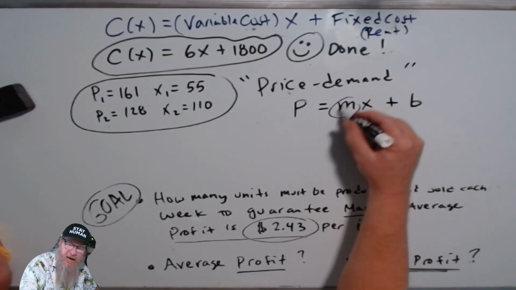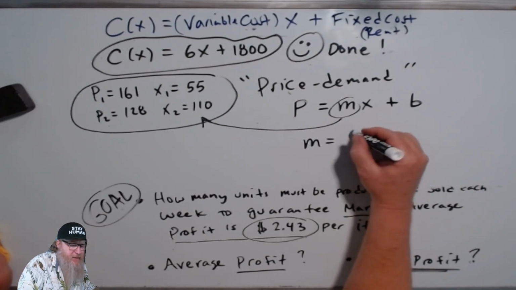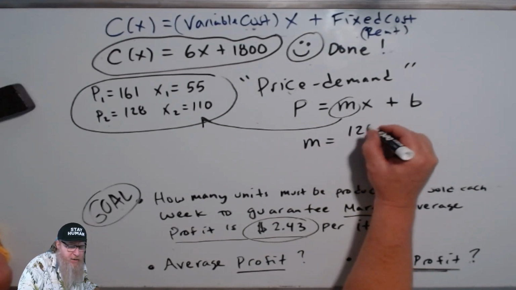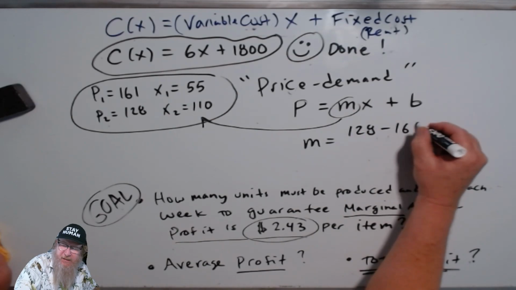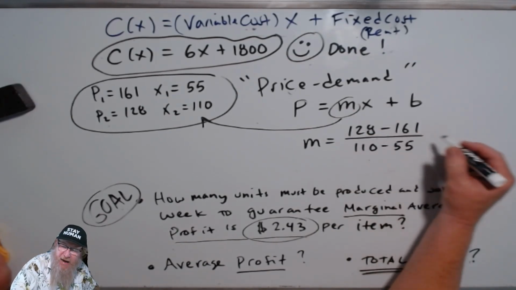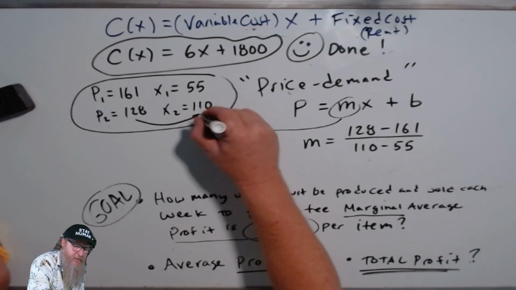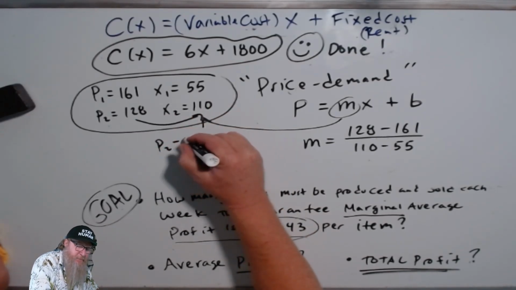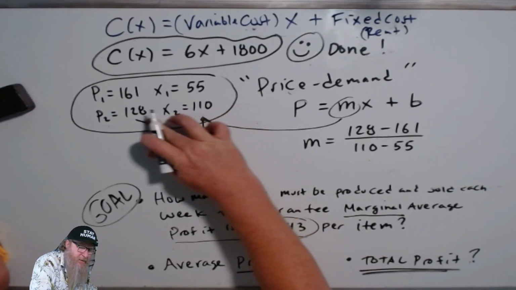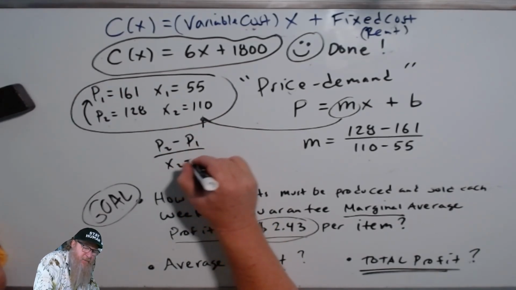So first find M. It's going to be 128 minus 161 over 110 minus 55. Right? P2 minus P1 over X2 minus X1.